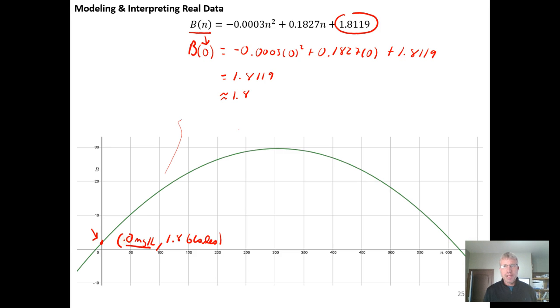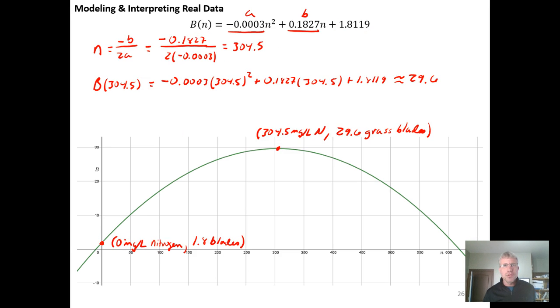So next, to find the vertex, we use the fact that the x location of the vertex is negative b over 2a from the quadratic formula. But because I have a contextual model, I don't have an x, I have n for nitrogen. So my nitrogen coordinate is going to be n equals negative b over 2a.